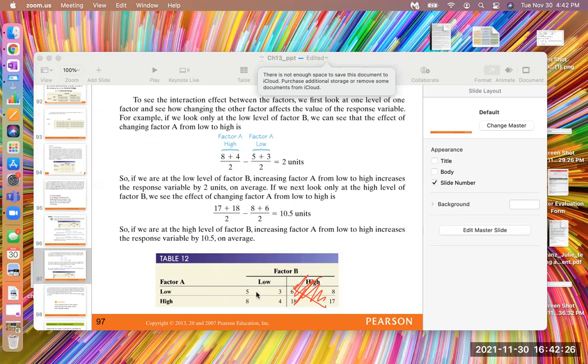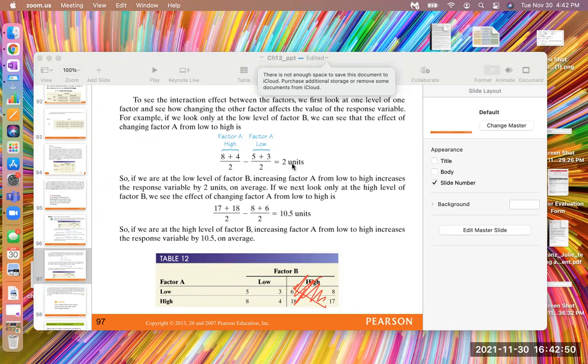And so they do 8 plus 4, and they find the average of that. And then they find 3 plus 5, they find the average of that. And they find that the effects of A at a low level of B are 2 units.